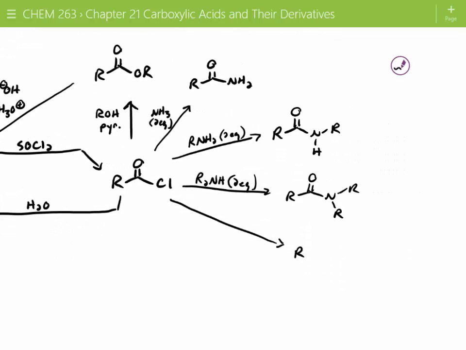What about if we want to go to a primary alcohol? We're going to be reducing it, LAH, followed by H2O. All right. What if we want to go to our aldehyde?